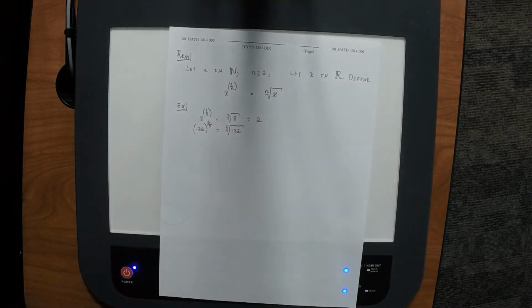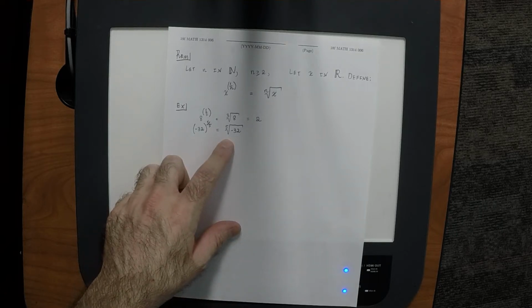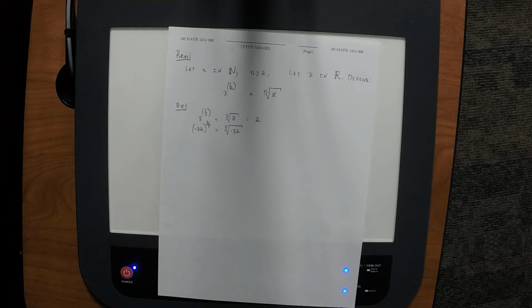So anytime you see a negative inside of a radical, you need to have a moment's pause and confirm or deny, is it permitted? So is it permitted in this case? It is. Now why is it okay in this case? Because the parity is odd, right? So even radicals, like fourth root, you cannot plug in negative numbers, but you can for odd ones.